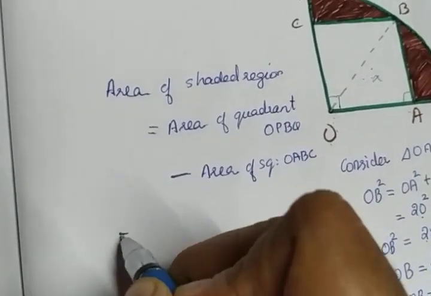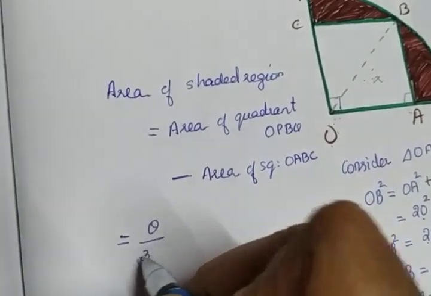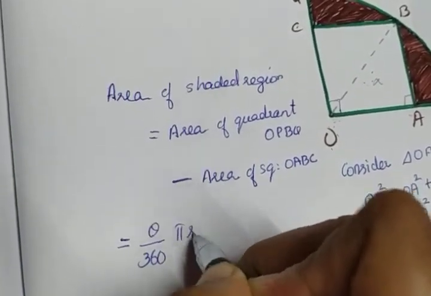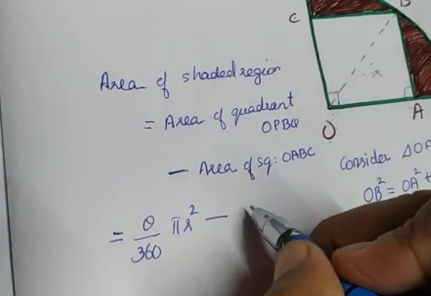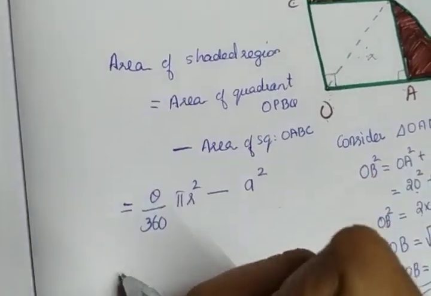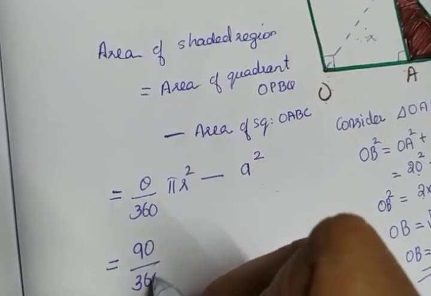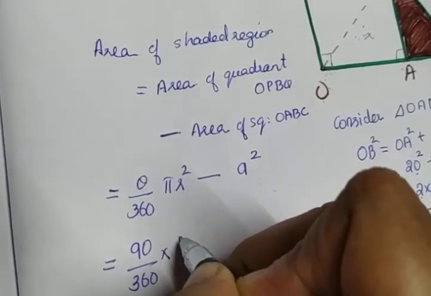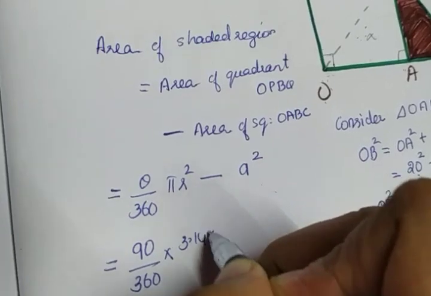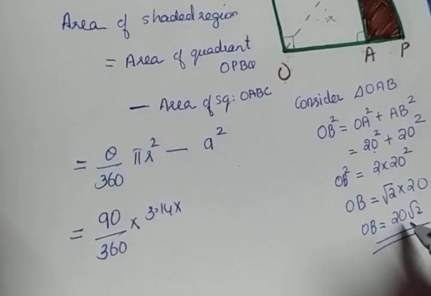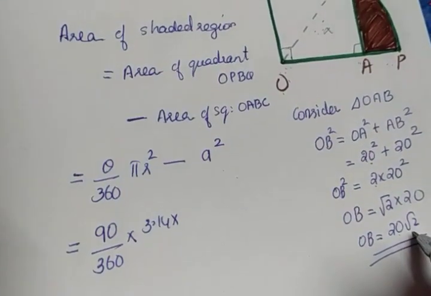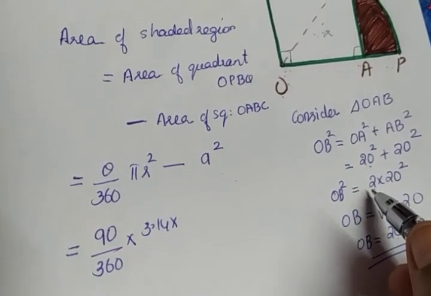Okay, area of quadrant, what's the formula? Theta divided by 360 into pi r square, minus area of square, what's the formula? A square. Theta, what is theta? 90 divided by 360 into pi, let it be 3.14, into radius. Radius we got as 20 root 2. Radius square, isn't it? That will be OB square.